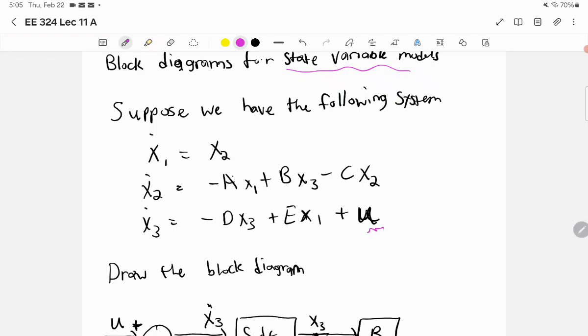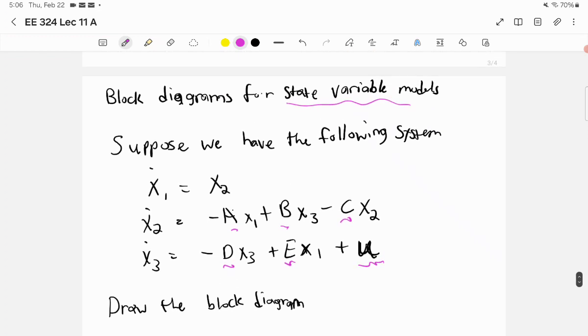So immediately you should be thinking this is an input, so it's probably going to go on the far left of this diagram, right? And these are all going to be gains, so I should have gain blocks for A, B, C, D, and E. And probably the simplest thing is x1 dot is equal to x2.